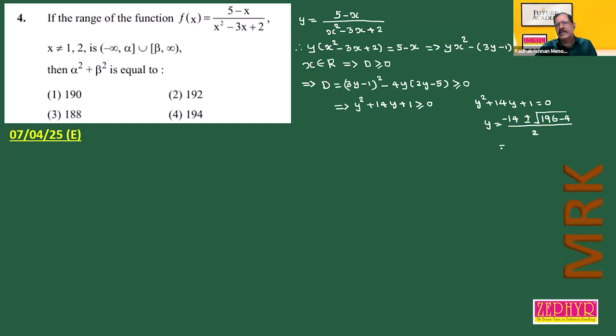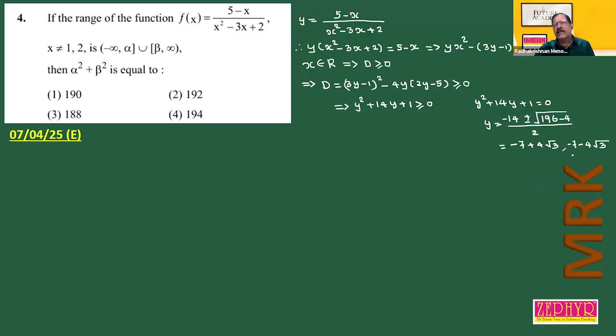When you simplify this, you will be getting one root minus 7 plus 4 root 3, the other root minus 7 minus 4 root 3. You will be getting the roots like this.